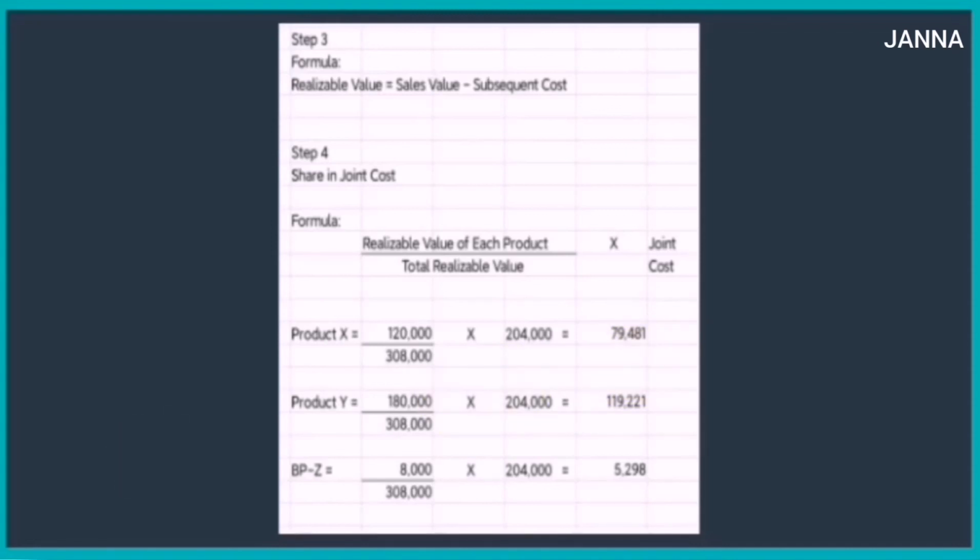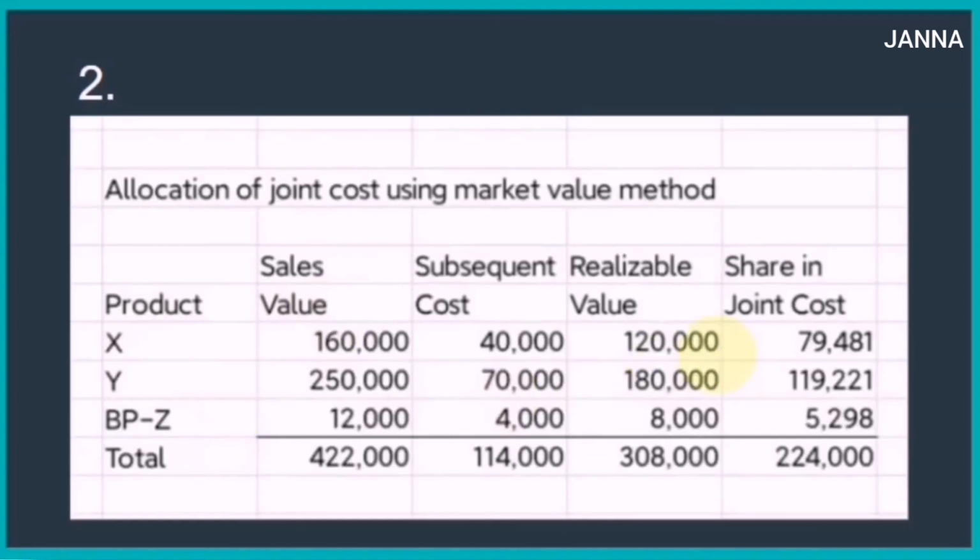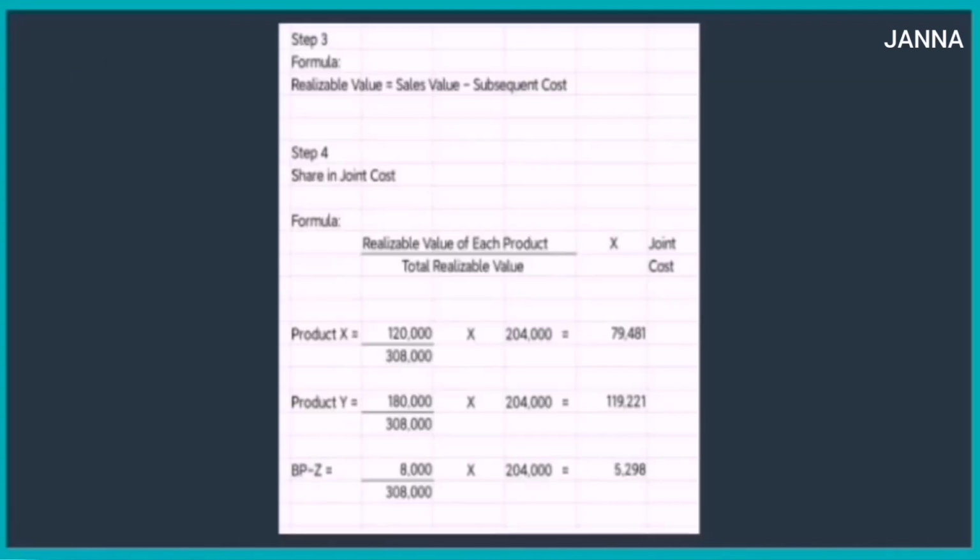For product Y naman, share in joint cost, 119,221. Supporting computation, 180,000 na realizable value over 308,000 na total realizable value, then multiply sa joint cost na 204,000 to arrive with the share in joint cost na 119,221.